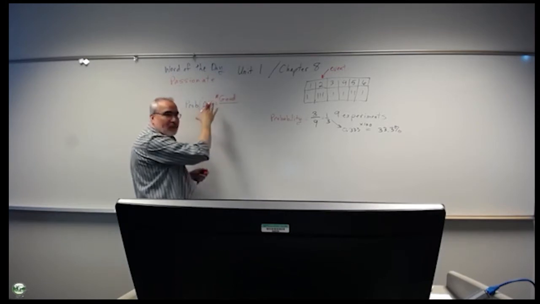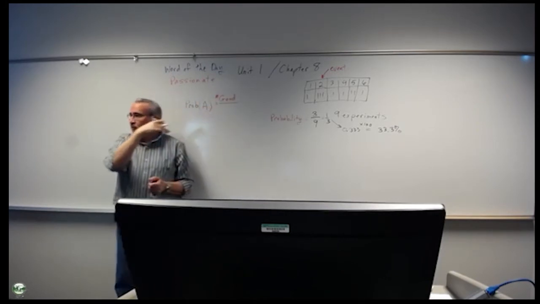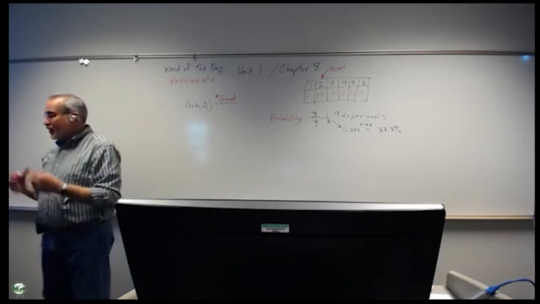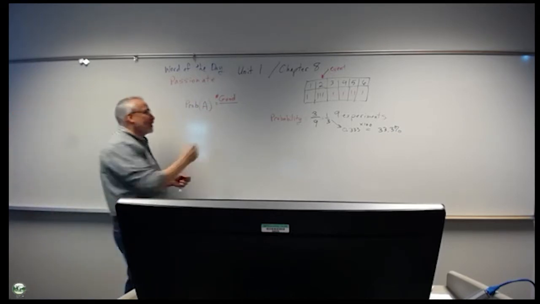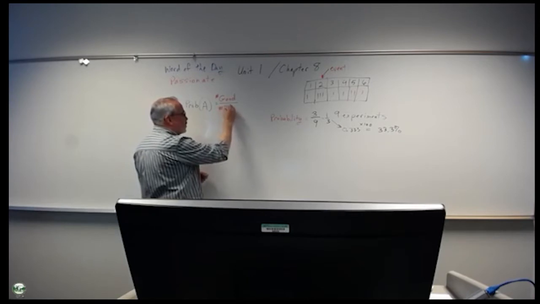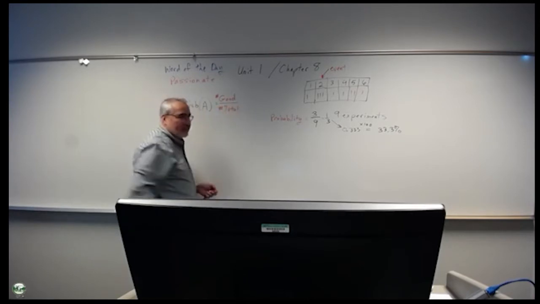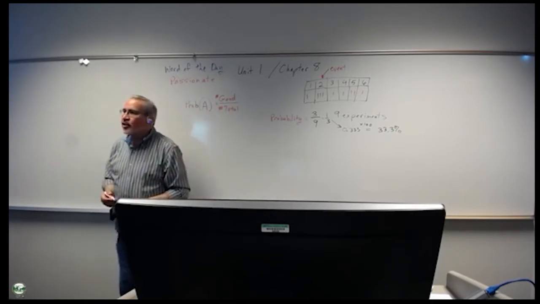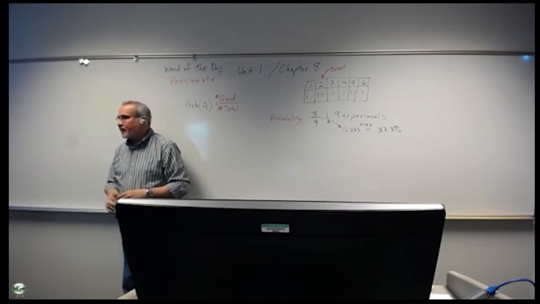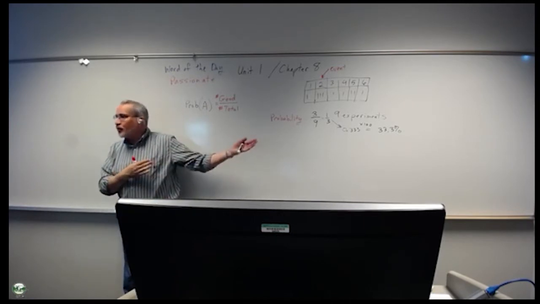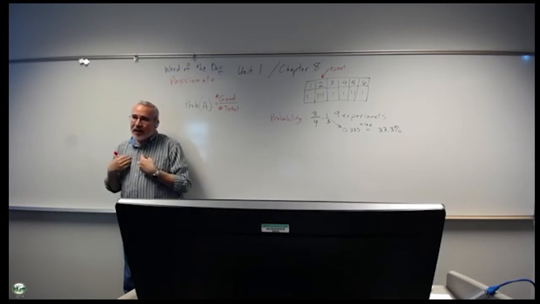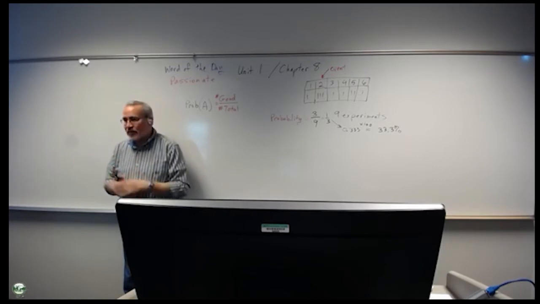I'll use the pound symbol because in my day we used that to represent the word number. So the number of good things divided by the number of total things. And I use that word good in a very open sense. I don't know that it's good to roll a 2, but that's what we're wanting to happen. Okay, that's what we're looking for.